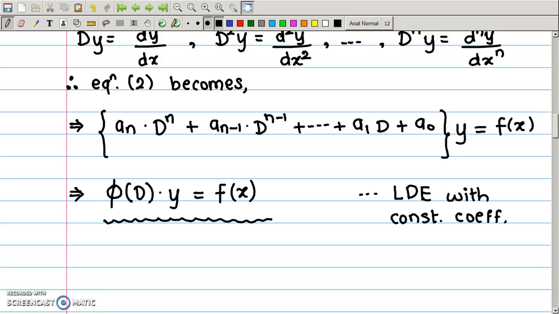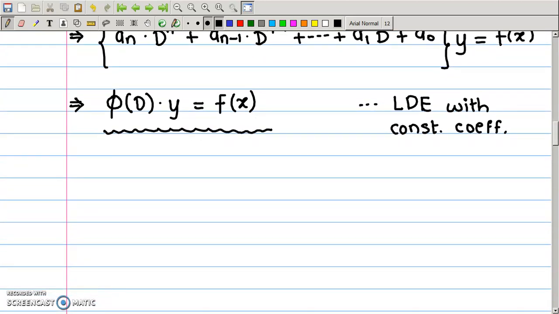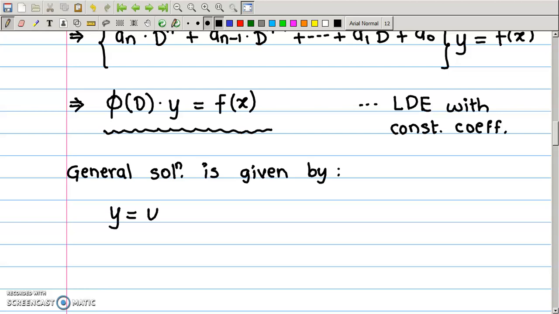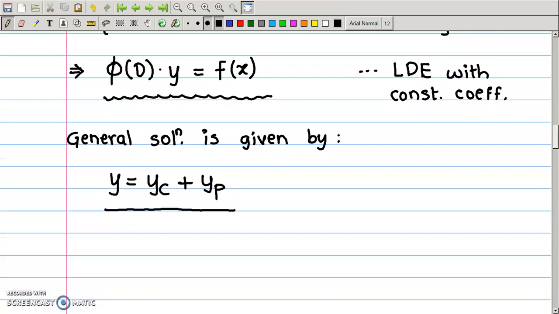So we will use this notation to represent linear differential equation with constant coefficients, and the general solution for any linear differential equation with constant coefficients is given by y is equal to yc plus yp, because the general solution depends on two factors.